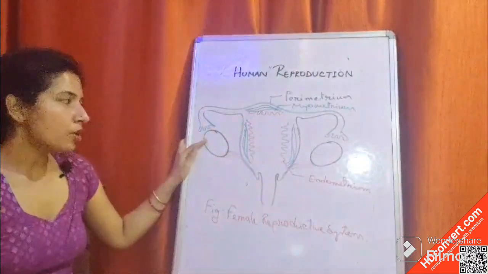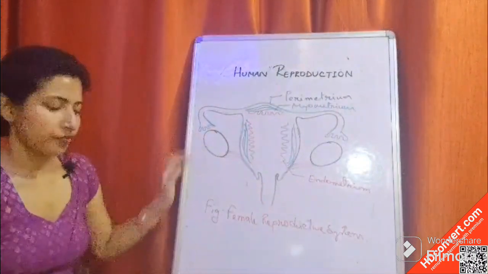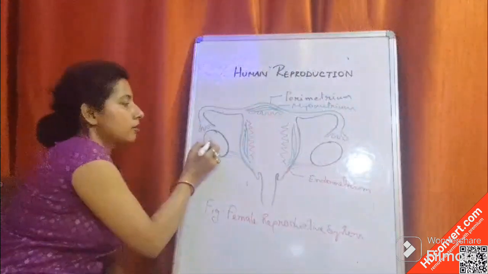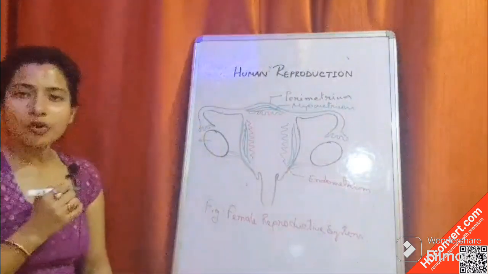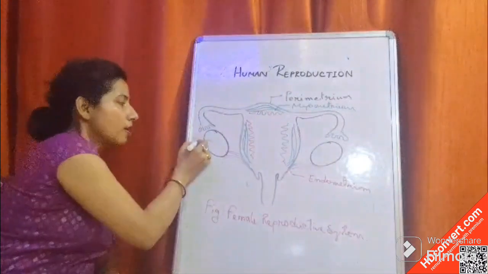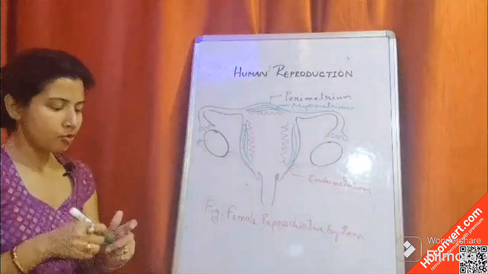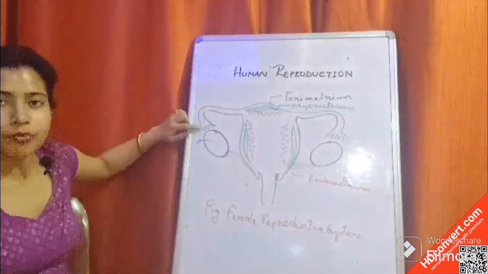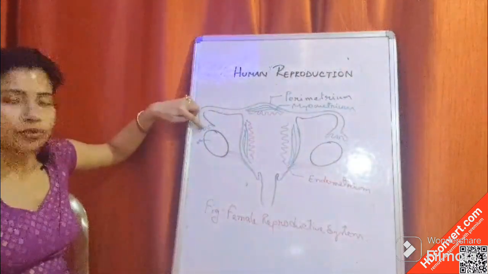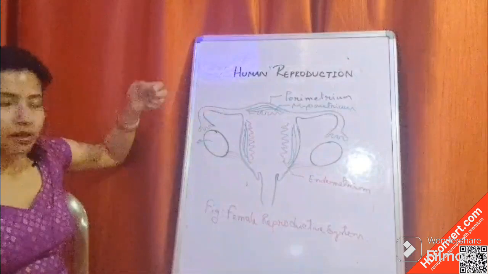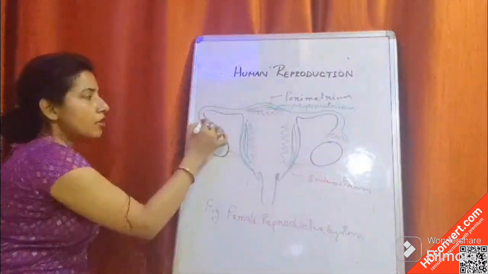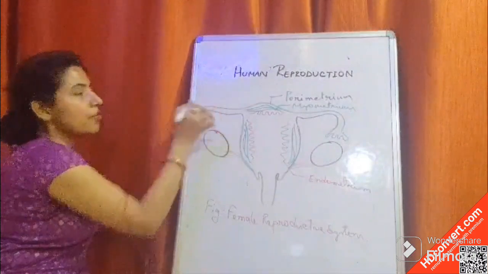Whenever an egg is produced inside the ovary, the egg gets released from the ovary, and the fallopian tube, by its finger-like projections called fimbriae, sucks the egg inside it, and the egg starts traveling through the fallopian tube.